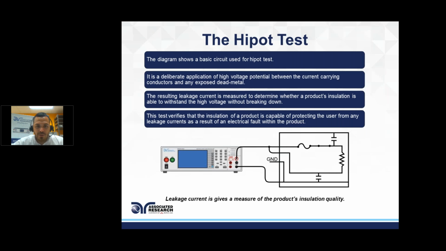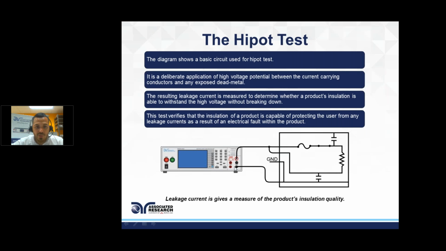So this diagram pretty much shows you what's happening during the Hipot test. We can see our Hipot tester on the left of the screen, and our DUT is on the right of the screen. We have my high voltage here connected to line neutral shorted of my device, right? You can see here the resistance that symbolizes what the impedance or the circuitry is between your line and neutral.